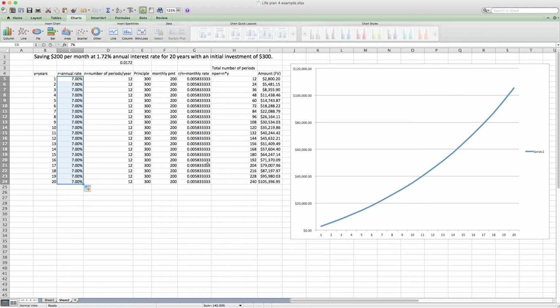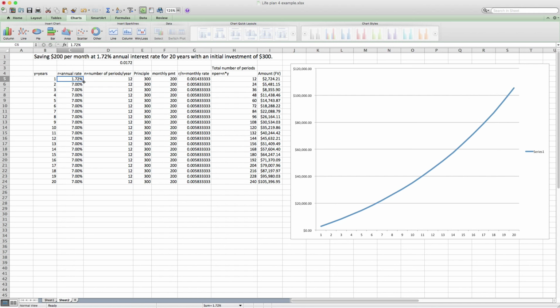It changed the monthly rate, and it changed the future value, and our graph also changed. So you can see what would happen if you invested the $200 every month into something that receives 7%. Instead, you'd end up with $105,396.95.